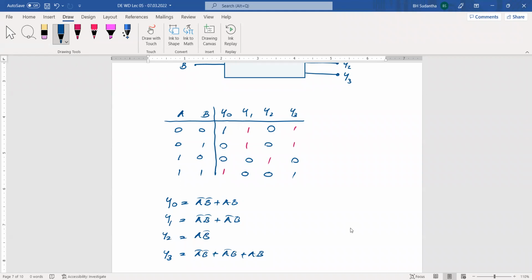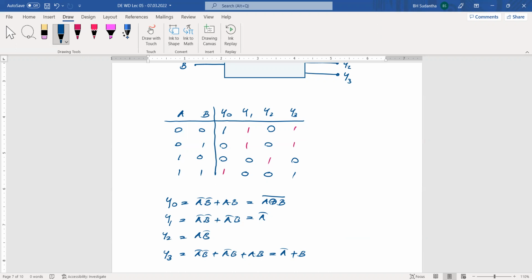This is an exclusive NOR. This is A bar, we can take this one as it is. This is A bar plus B. Like this, we can minimize.